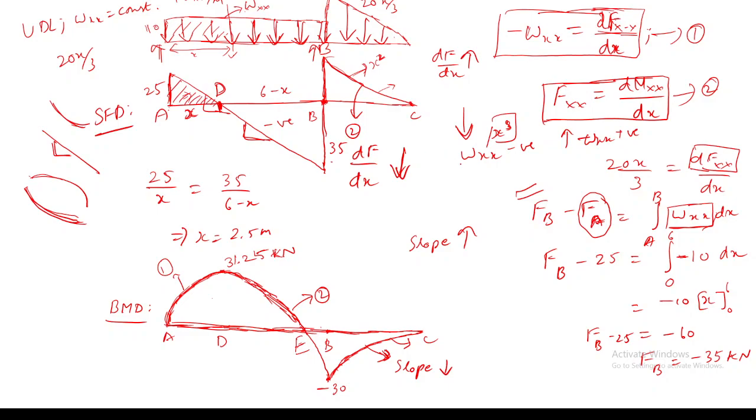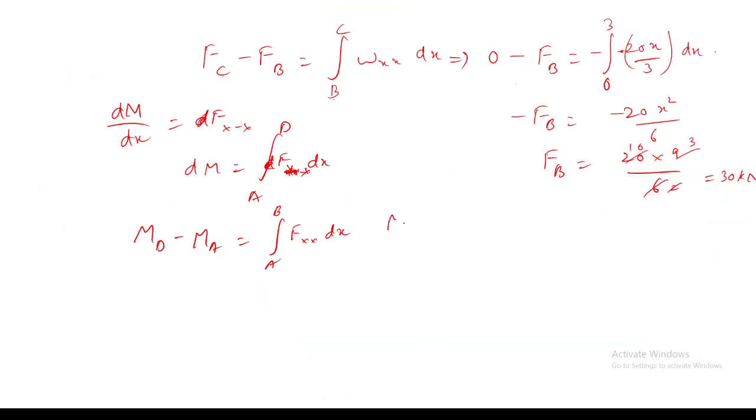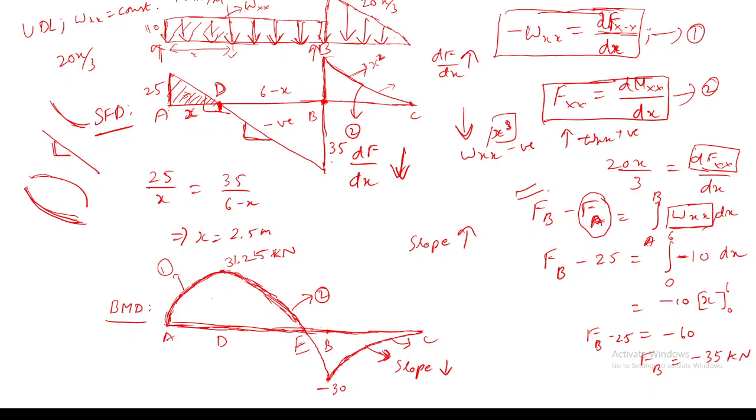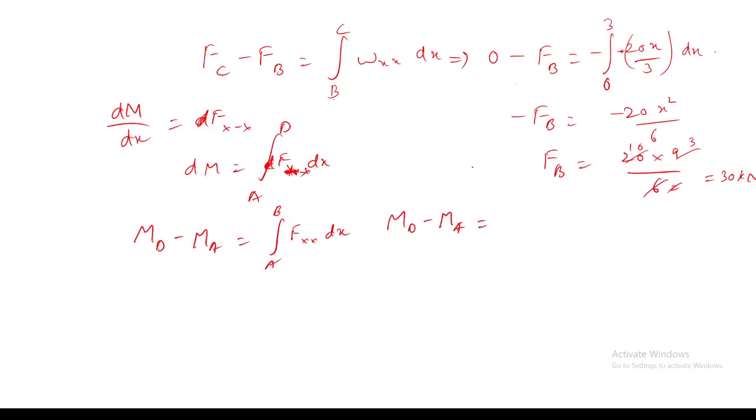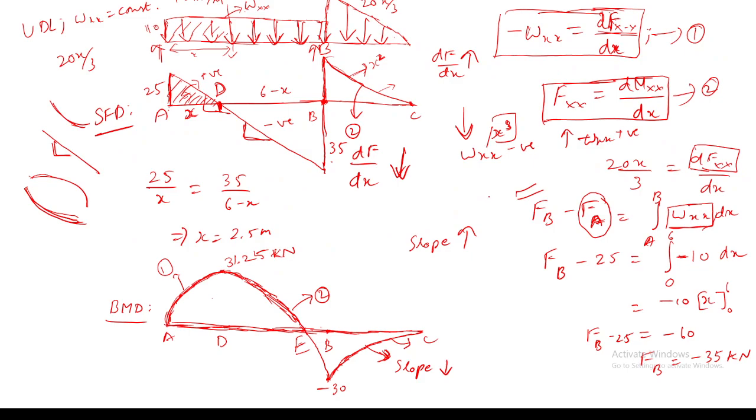So what should I do? MD minus MA. Here you have to take the sign convention. If it is above, then you take the shear force as positive. If it is below, then you take the shear force as negative. Since here it is above, the shear force is positive.